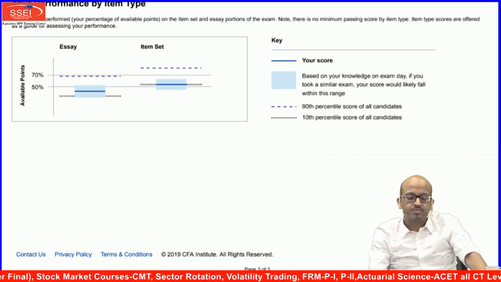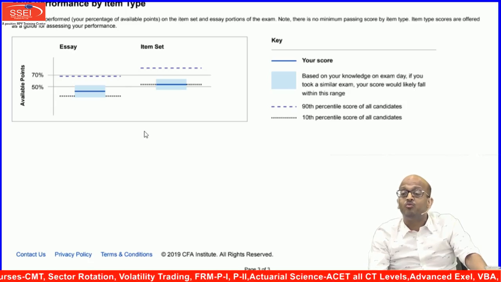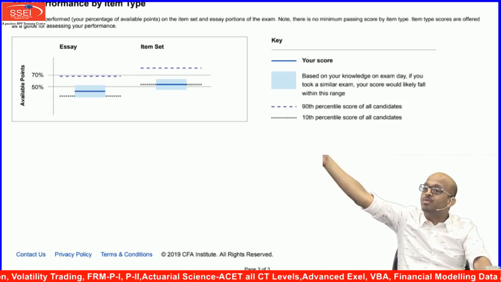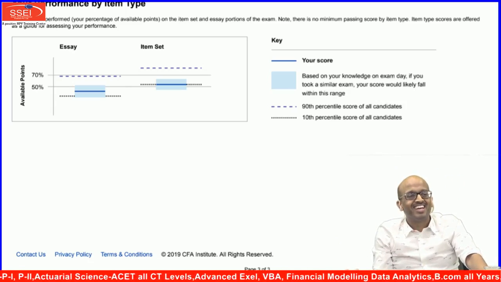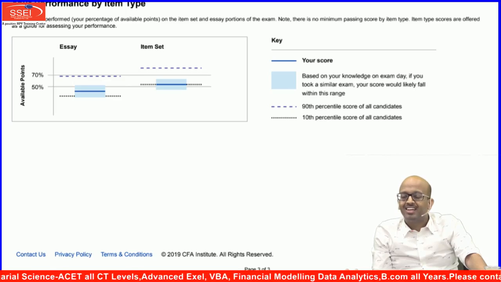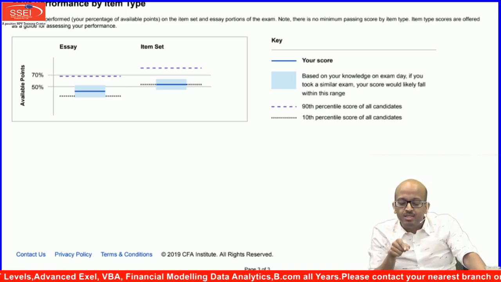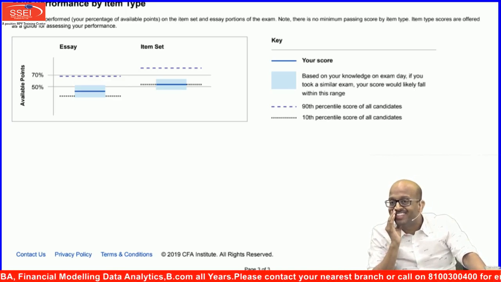Okay? But look at the item set. Where is the 90th percentile? Way above the 70%. In the PM session, everybody does good. So if you have done good, nothing to boast of. What is the line? 10th percentile score of all candidates, it is above 50%.